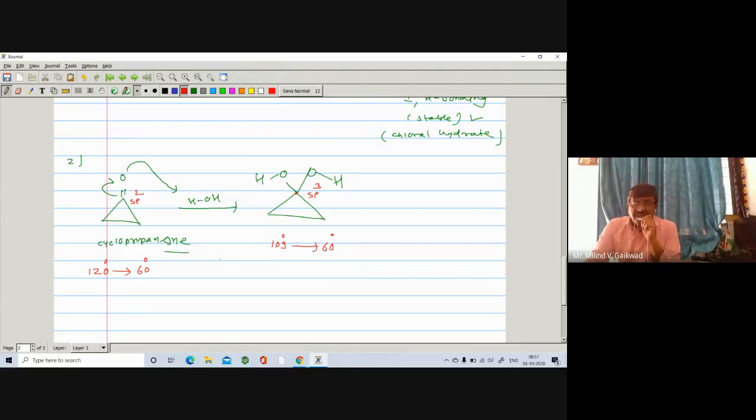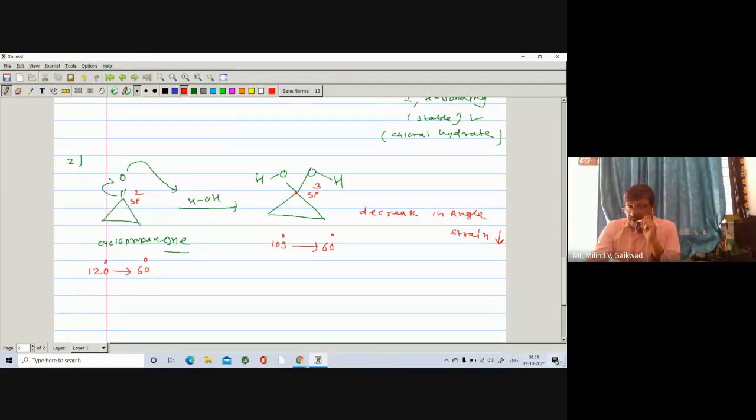So there is a decrease in the angle strain. As there is a decrease in the angle strain, the stability increases, right? More the angle strain, less is the stability. Less the angle strain, more is the stability.